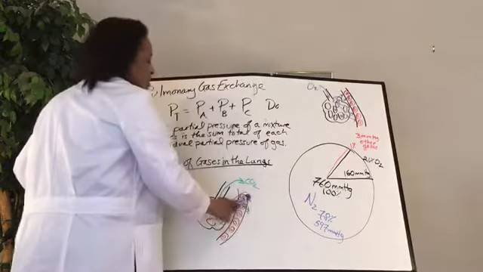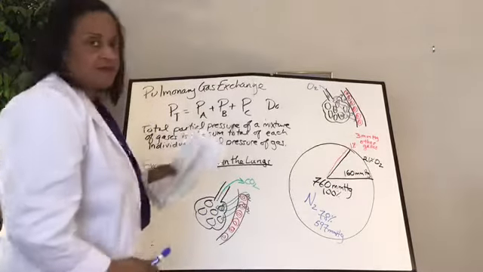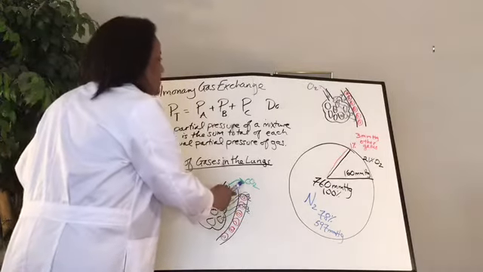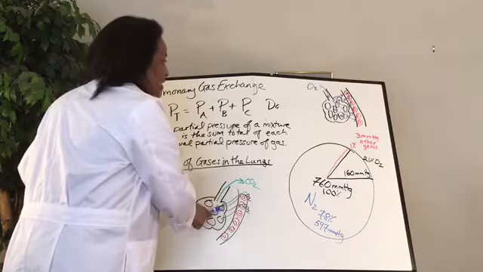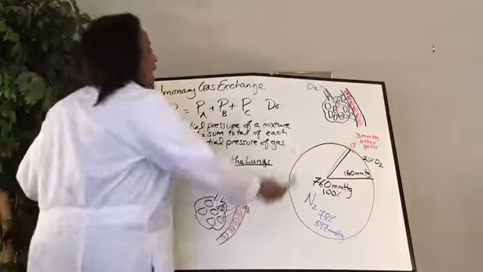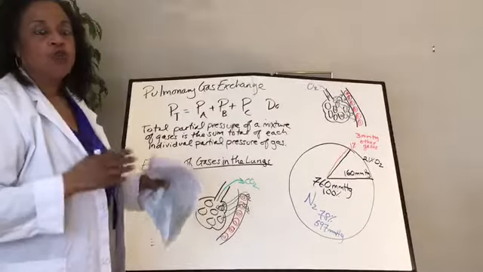This is now oxygenated blood, and this carbon dioxide leaving the blood is deoxygenated. Right? We're going to take the carbon dioxide off, deoxygenate it, and then oxygenate the blood when oxygen pops on.